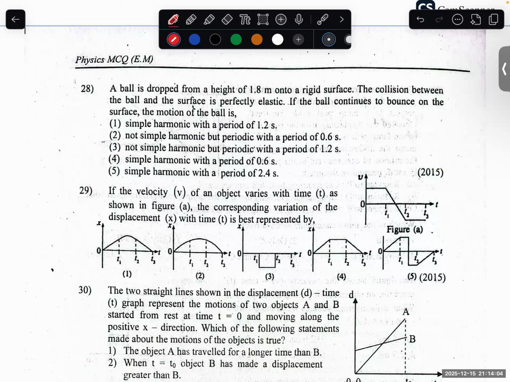Now they're asking whether it's simple harmonic motion, whether it's a periodic motion. So what is a periodic motion? When the same kind of motion recurs within the same period of time, it is periodic motion. Actually, I studied this when I was in grade 6.